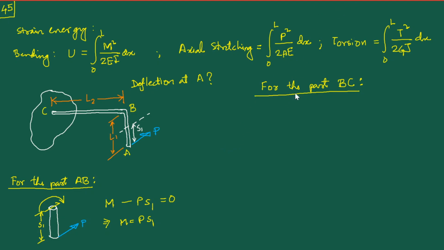Let's see. If we indeed consider it like this, if you're removing the part AB in our thought, then okay, so this is the exposed section as a result of the cut at B. What we effectively need to do is incorporate the effect that this force P would have at the point B in this diagram.